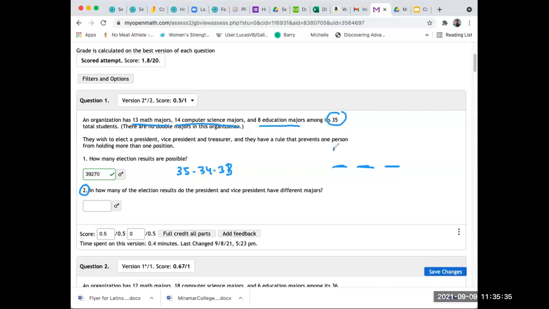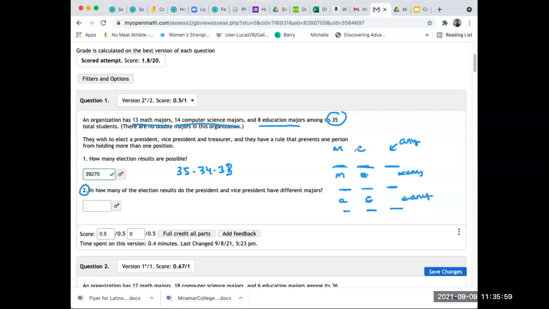Okay, so you could have math and computer science. And then this one could be any, including math and computer science. What if it's math and education? And this could be any. Or you could have computer science and education. And this could be any.